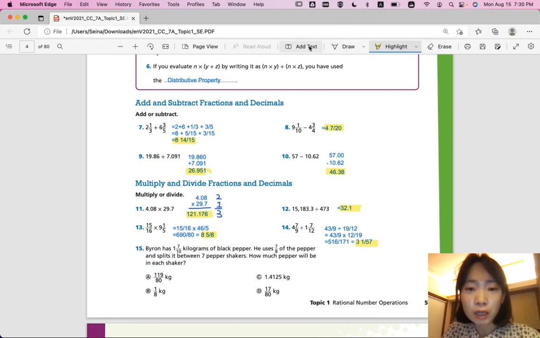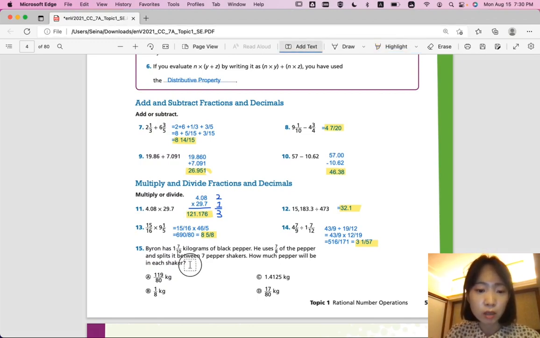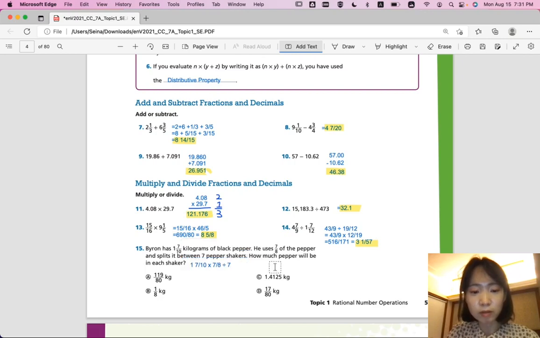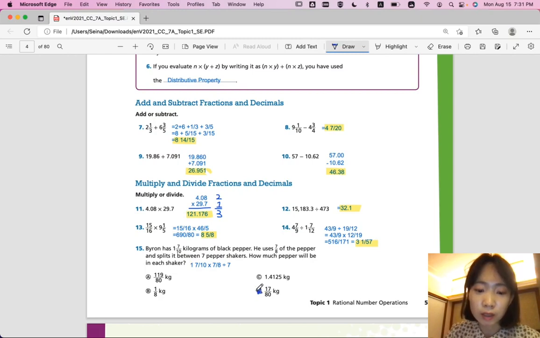So basically, the equation you need is 1 and 7/10 times 7 over 8, divided by 7. And so the answer should be 17 over 80 kilograms.